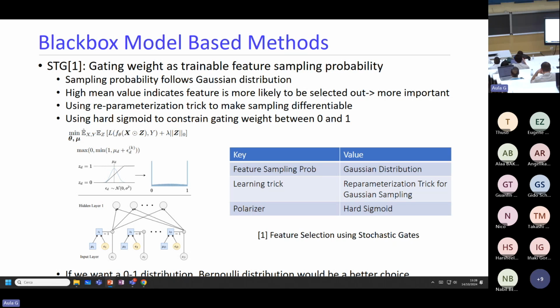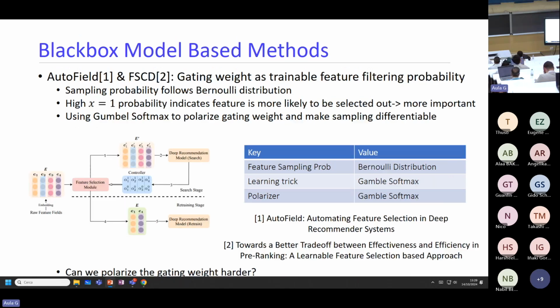But here is the problem. If we treat the sampling probability as 0 or 1, we can use the Bernoulli distribution to make it more reasonable. So the following two works, including AutoFuse and FSAD, model the gating weight as a Bernoulli distribution, and they sample the features based on the Bernoulli distribution parameterized by the probability that the feature is important.